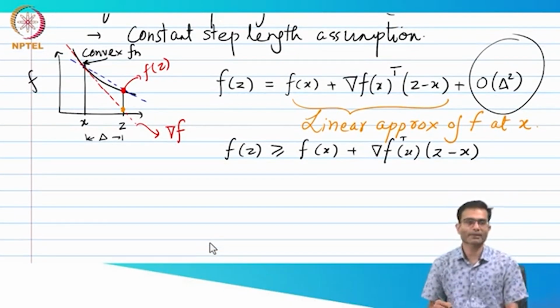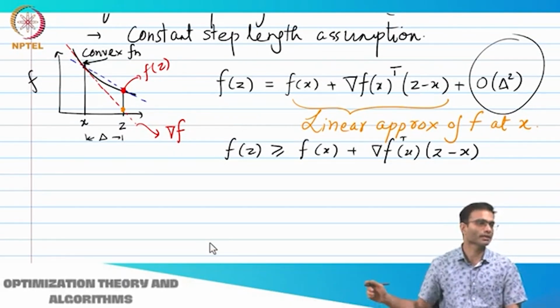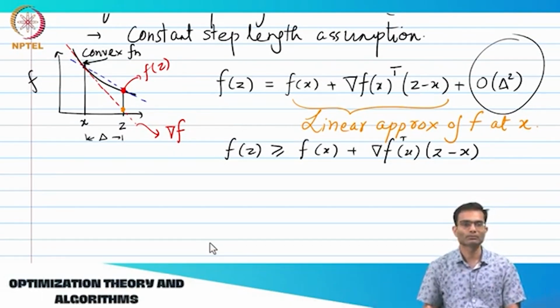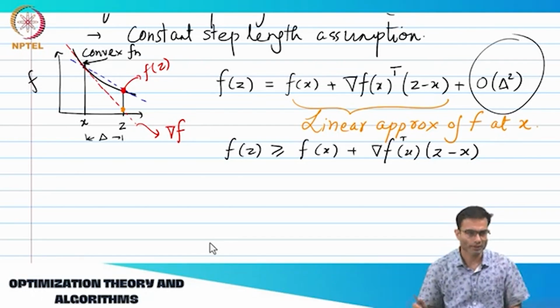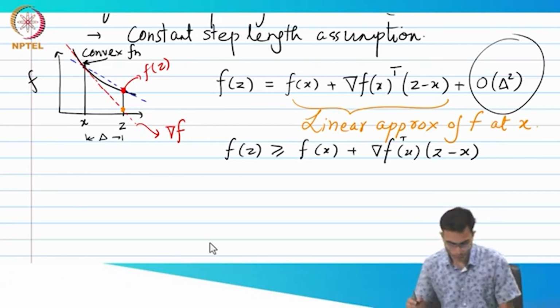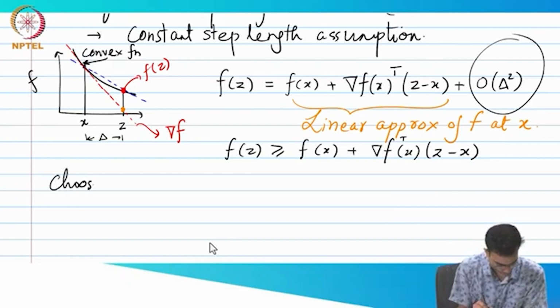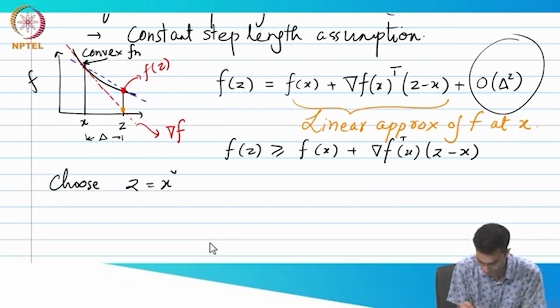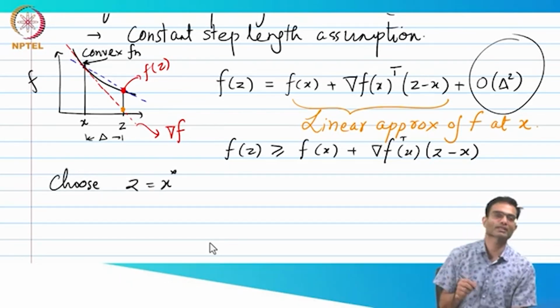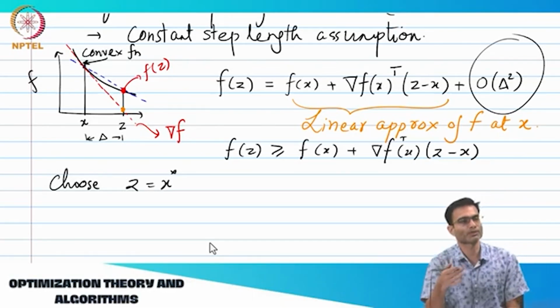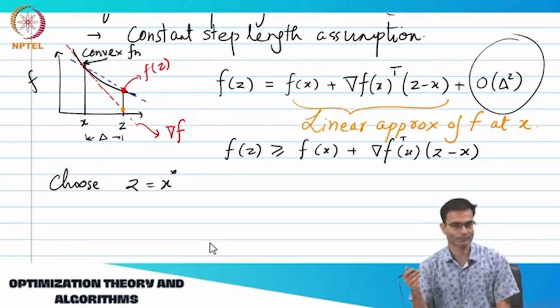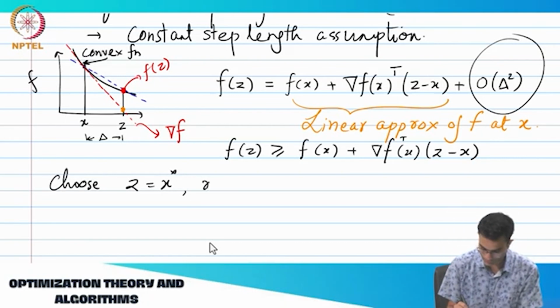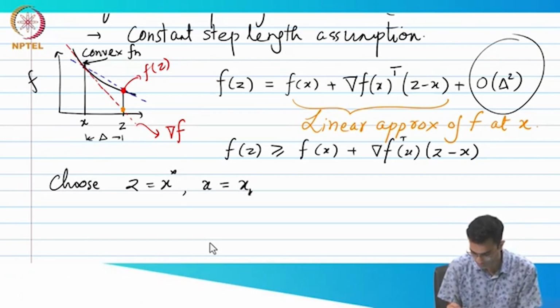So in this inequality, am I free to choose x and z any way I want? Right, it's up to me. So what I'm going to do is assume that this sequence of iterates converges to some point x star, and I'm going to put x equal to xk.